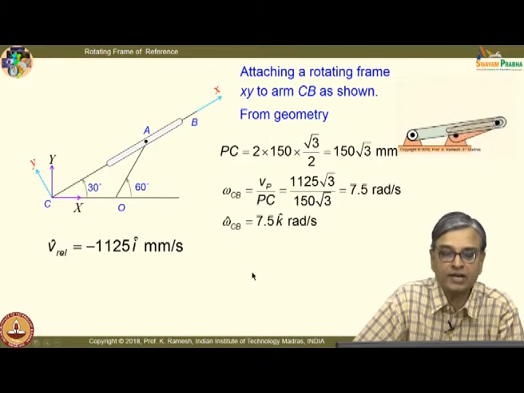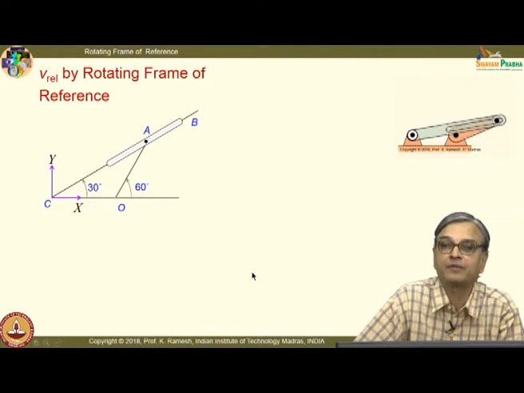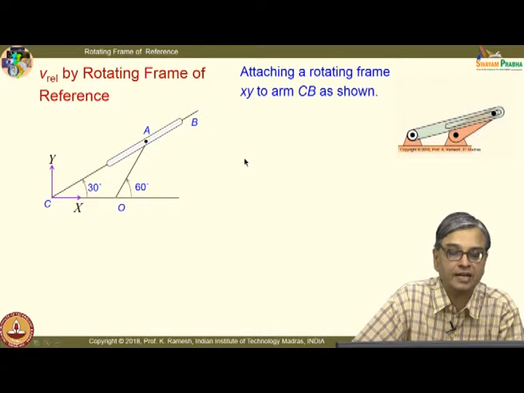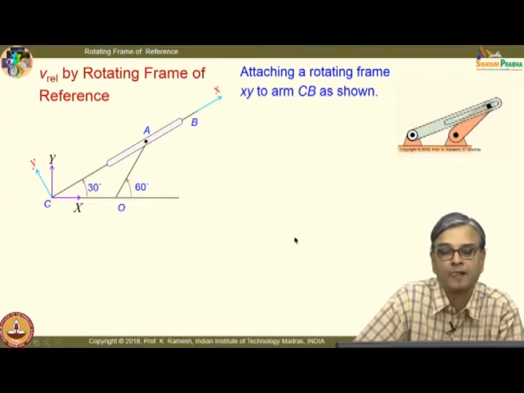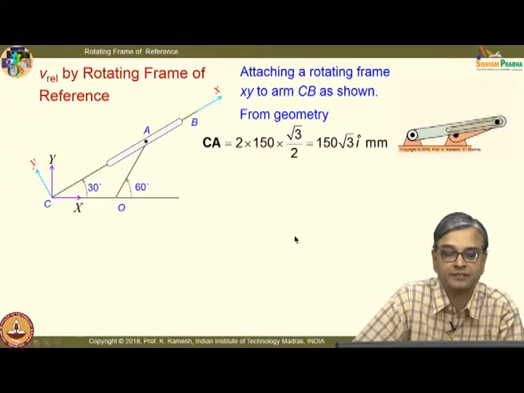Now, let us go and solve this from a rotating frame of reference. We have taken the rotating frame of reference like this. Then I write the expression. Before that, I have the vectorial expression for CA as 150 root 3 i millimeters.